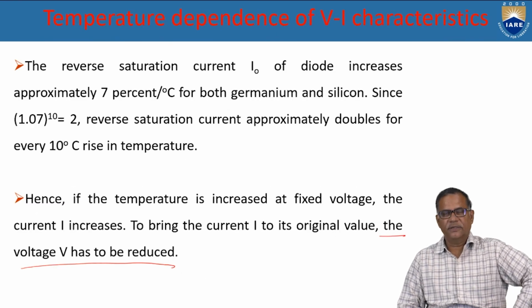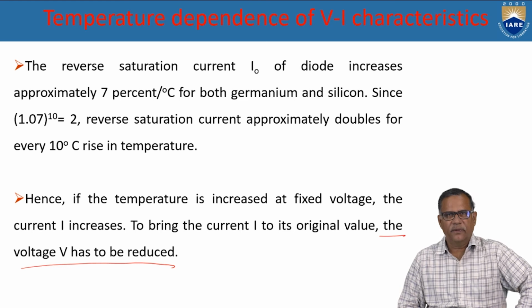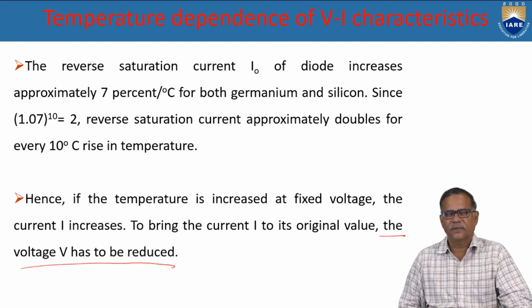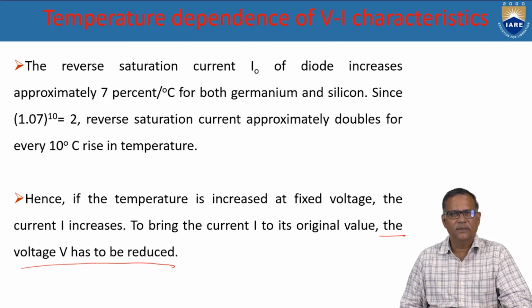The reverse saturation current is a function of the temperature. As the temperature increases, the reverse saturation current increases approximately 7% per degree centigrade for both germanium and silicon.